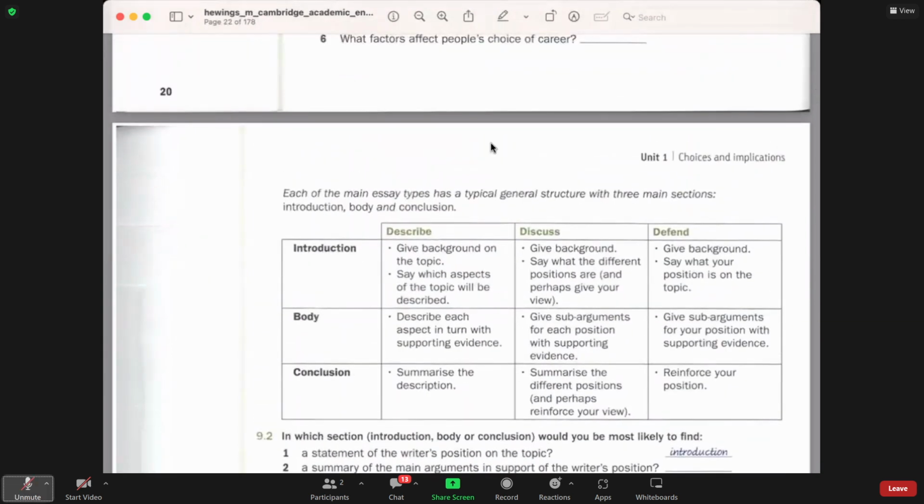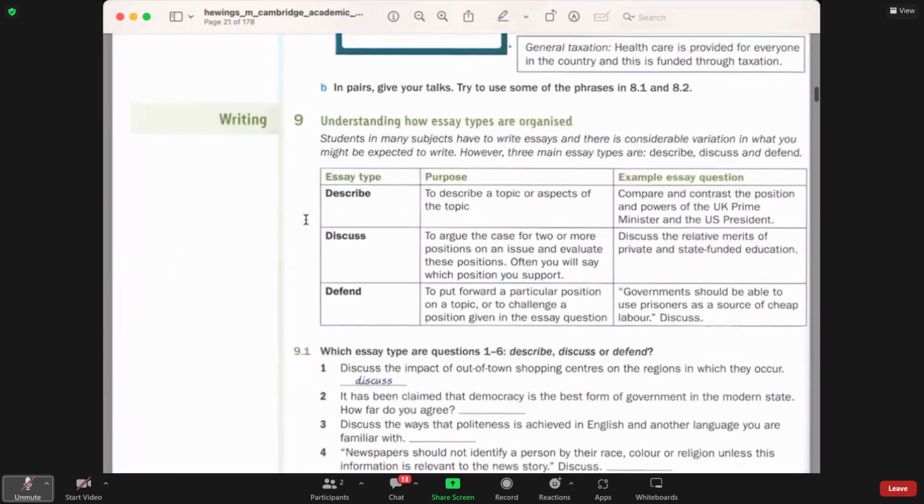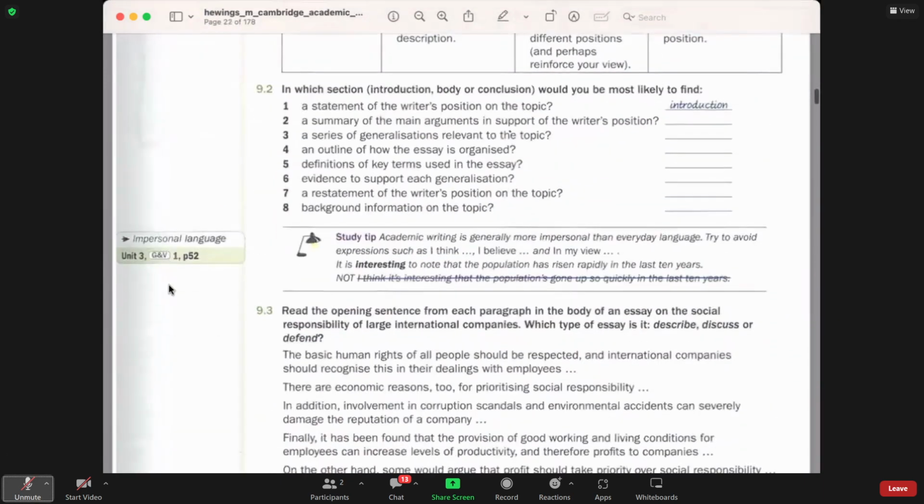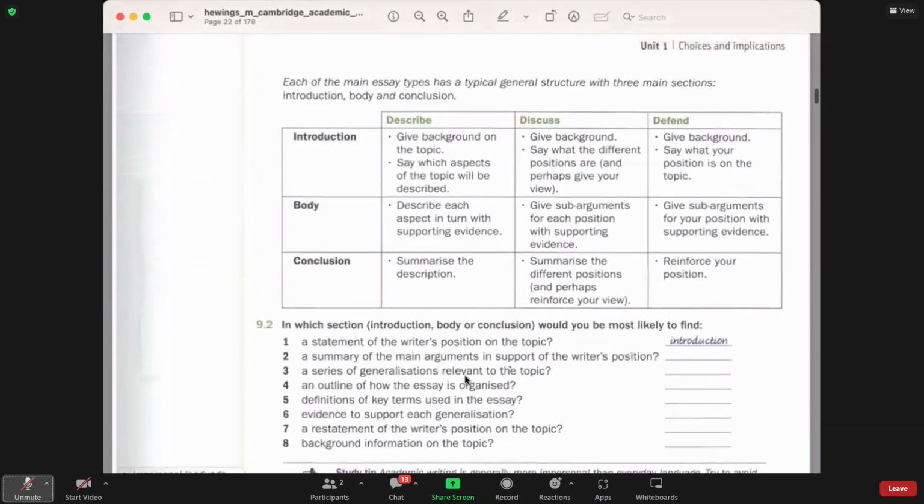Look, Cambridge Academic English, upper intermediate. It seems to me you've got this textbook or not. If you haven't got it, I will send in our group this book. And this is exercise 9, the first table on page 20, you see, and the second on page 21.